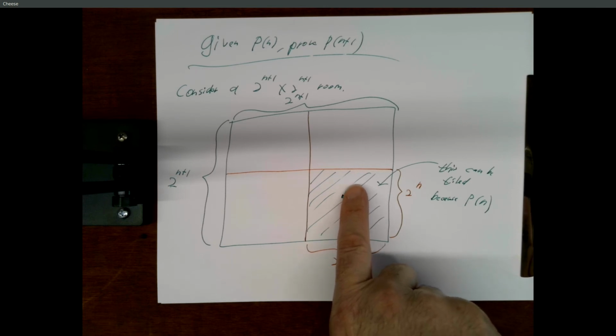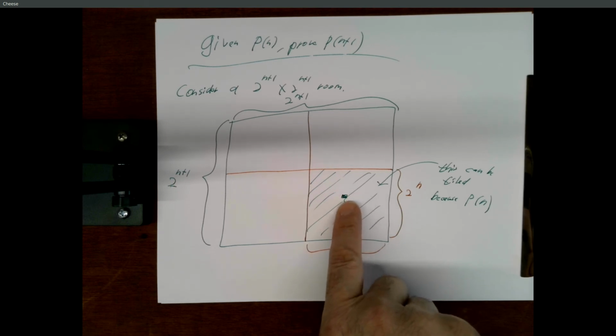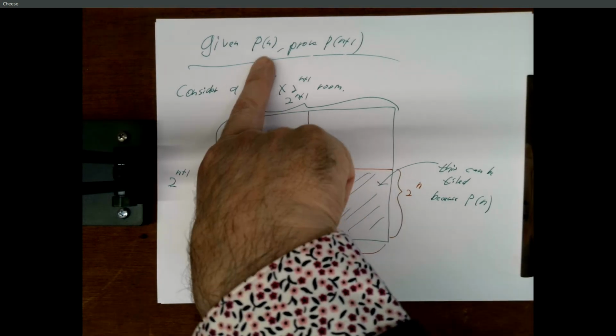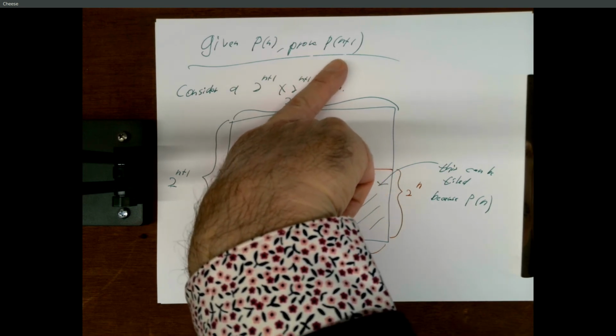P of 1 is the proposition that a 2x2 room with a missing tile can be covered with L-shaped pieces. So what's your question again? I guess because it's a 2 to the n, but we proved that 2 to the 1 was the proof that we did, right? And so we still haven't proven that 2 to the n works, right? We're assuming 2 to the n works, and we're trying to prove 2 to the n plus 1 works. Gotcha. Okay.